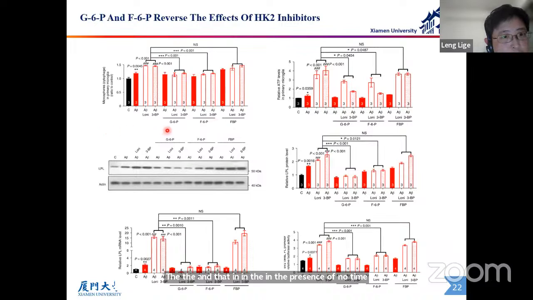Notably, G6P and F6P, but not FBP, blocked phagocytosis, ATP production, and LPL expression in microglia pre-treated with lonidamine or 3BP.